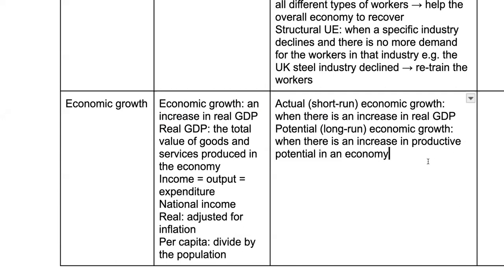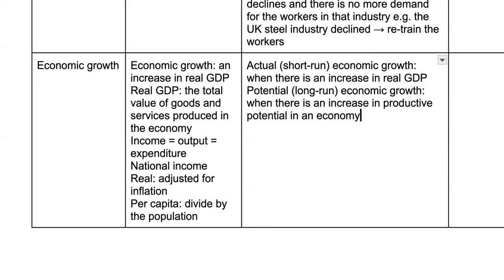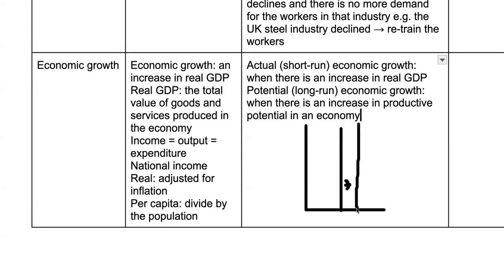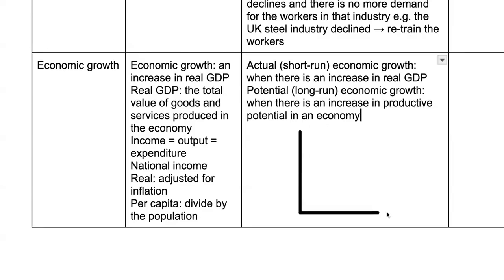And you would have seen this in two ways. If anyone's done LRAS at school, whenever LRAS increases, you've got long run or potential economic growth. But in micro, you've all seen it. The PPF curve is showing all the possible outputs. You can either be there or here or there in an economy. If that shifts out, that means there's potential economic growth or long run economic growth because the maximum possible thing you can produce is now higher.